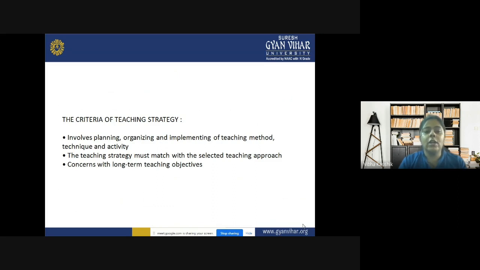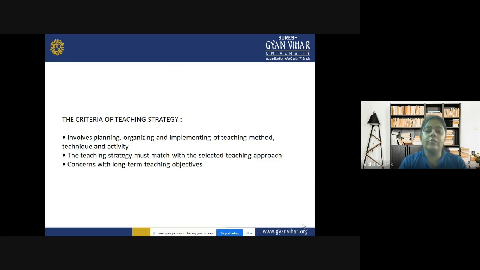The teaching strategy must match with the selected teaching approach. Means the teaching strategy that will be used by the teacher must match with the teaching approach that will be selected by the teacher. It must be concerned with long-term teaching objectives.